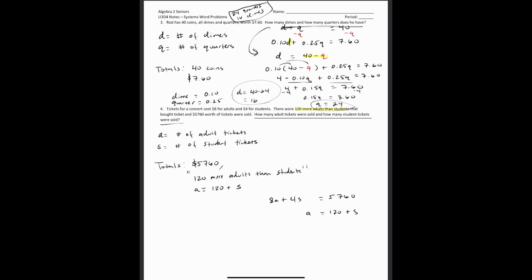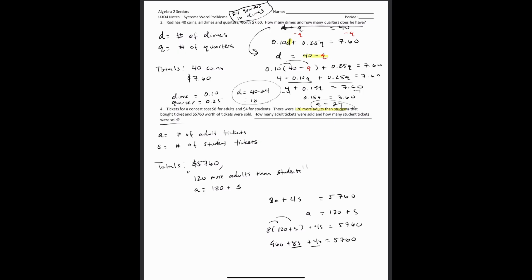So I can do 8 times (120 plus S) plus 4S equals 5,760. And I distribute the 8 to each term. So 8 times 120 is 960. And 8 times S is 8S plus 4S equals 5,760.